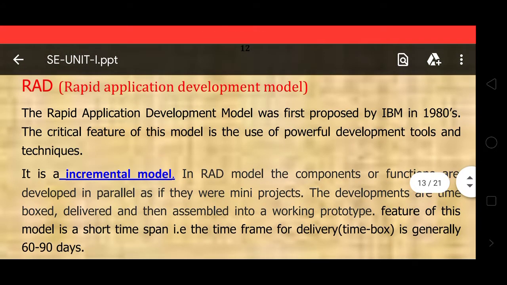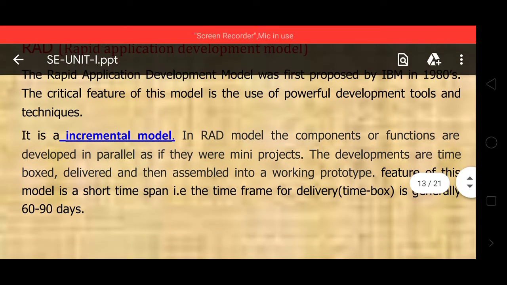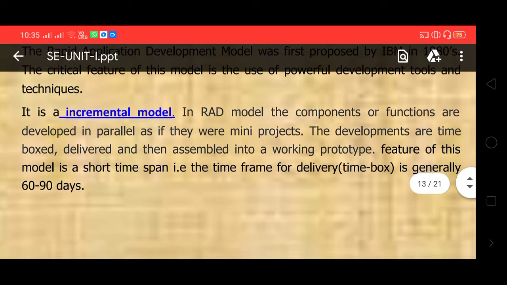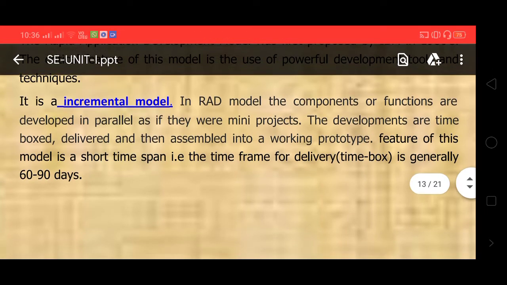The RAD model was first proposed by IBM in the 1980s. The critical feature of this model is powerful development tools and techniques. It is an incremental model. The components or functions are developed in parallel as if they were mini projects.